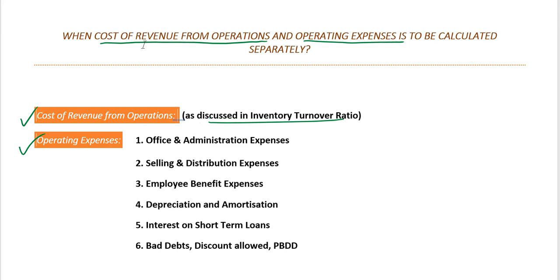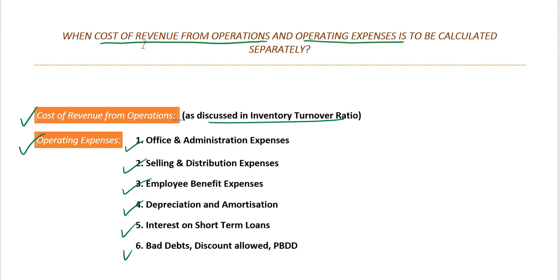And to arrive at the total of the operating expenses, we will add the following: office and administration expenses, selling and distribution expenses, employee benefit expenses, depreciation and amortization, interest on short-term loans, as well as bad debts, discount allowed, and provision for bad and doubtful debts.